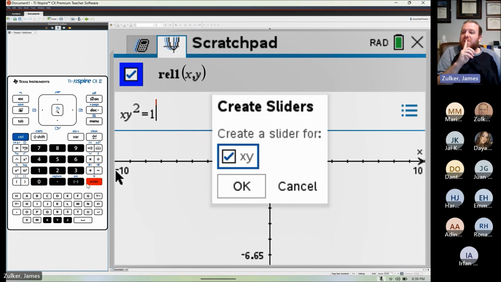And it wants to create a new slider. So what do we think? Well, if it thought we were multiplying, we wouldn't be having an issue, right?